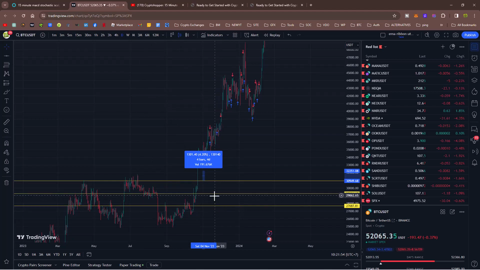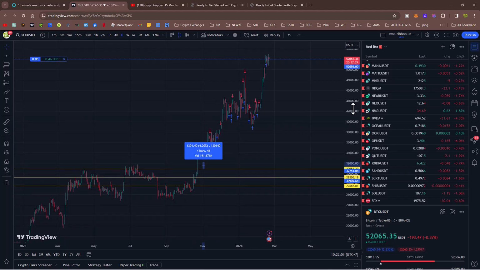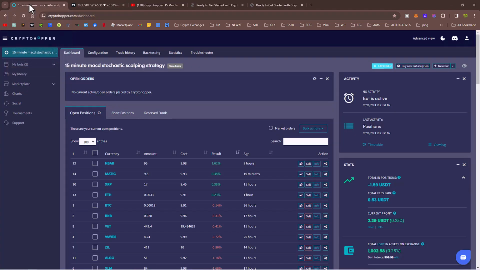It's better than stop loss, in my opinion. I don't really use stop loss because I don't want to lose a penny when I'm trading, even if it means waiting longer for the trade to come back up and sell in profit. All right. So that is basically how dollar cost averaging works.